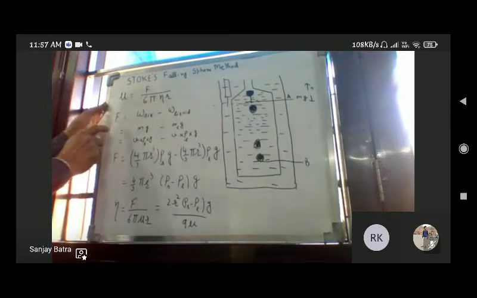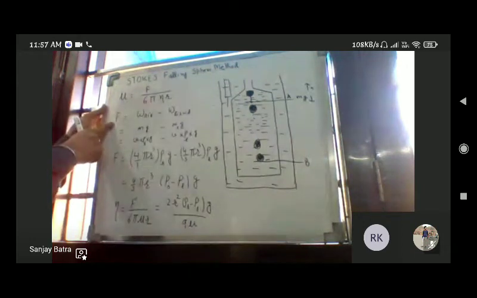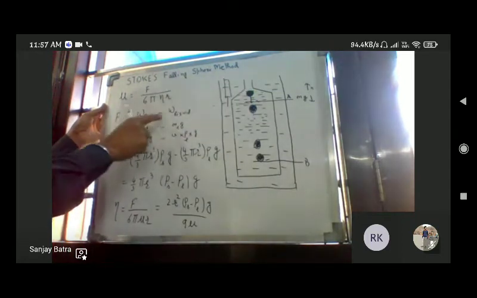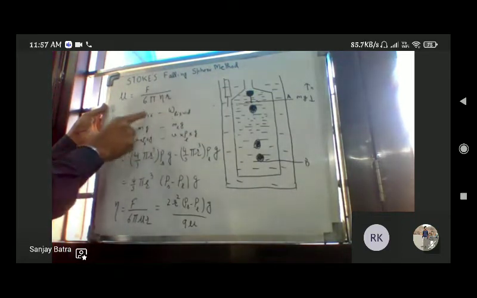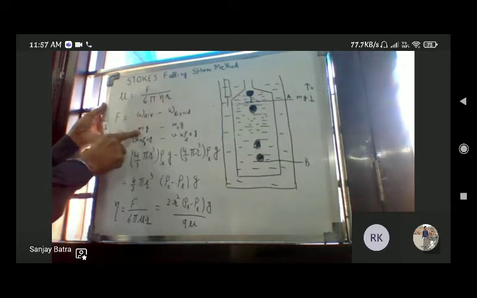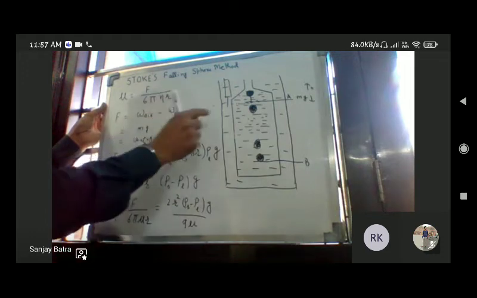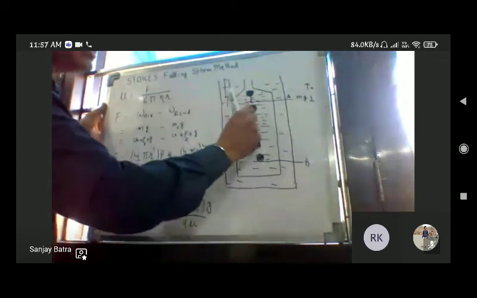Dobara sunenge. The net force acting on the sphere depends upon the difference of the two forces, one acting downward, the other acting upward. The downward force is equivalent to the weight of the sphere, which is the normal weight equal to mass into g. The upward force acting on it is equivalent to the mass of the liquid displaced.